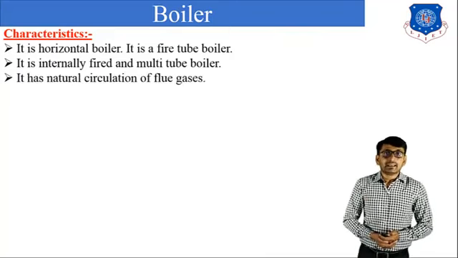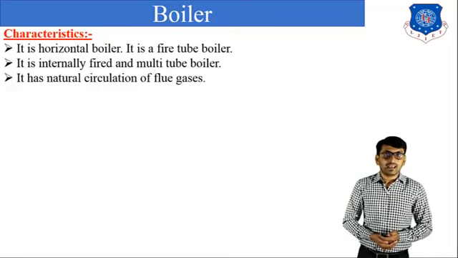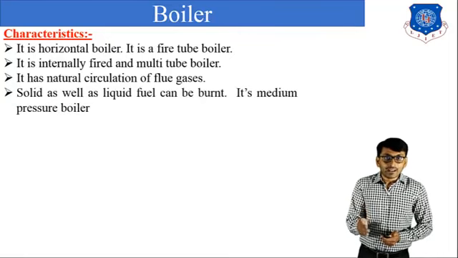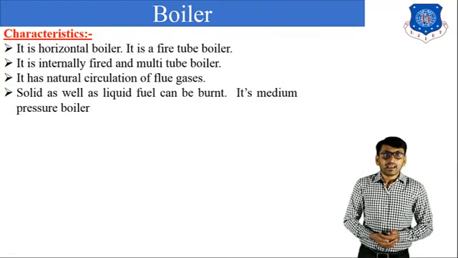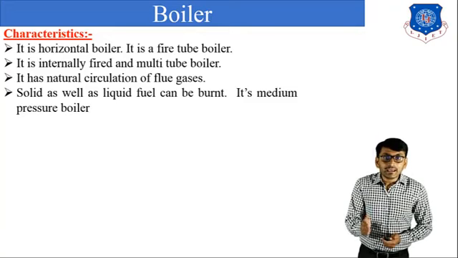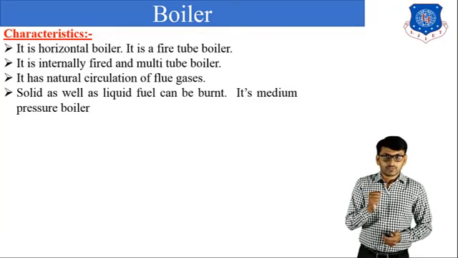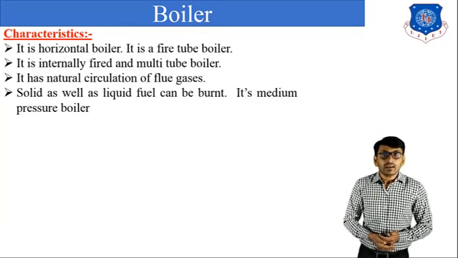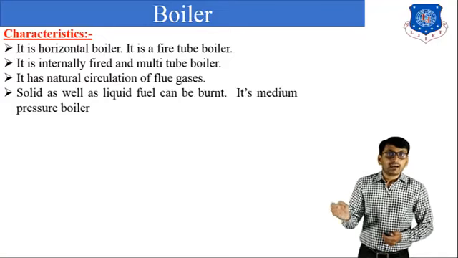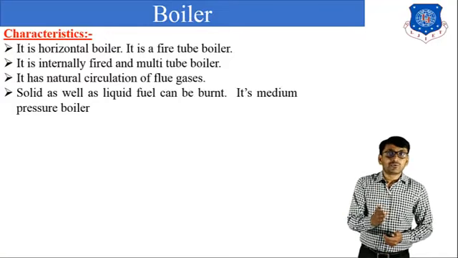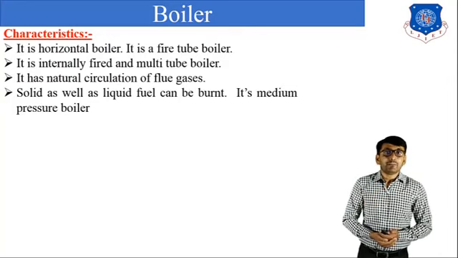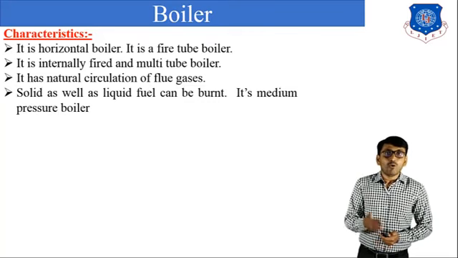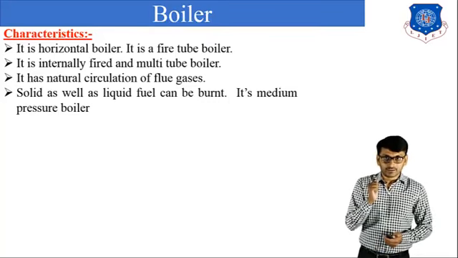Then it has natural circulation of flue gas, solid as well as liquid fuel can be burned, and it is a medium pressure boiler. What do you mean by medium pressure boiler? This boiler has a working pressure range from 10 to 25 bar. These are the characteristics of the Lancashire boiler.